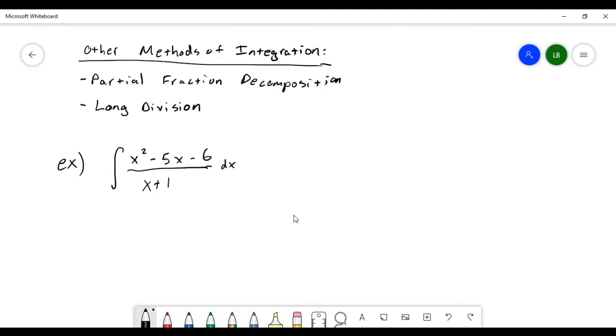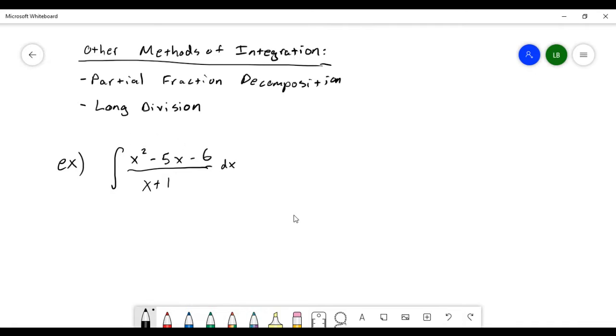I'll notice that a U-substitution won't really work in this case because our bigger term is on top. If we factor, that also won't work because the top factors into x minus 2 times x minus 3, so we can't really get any cancellation going on either.